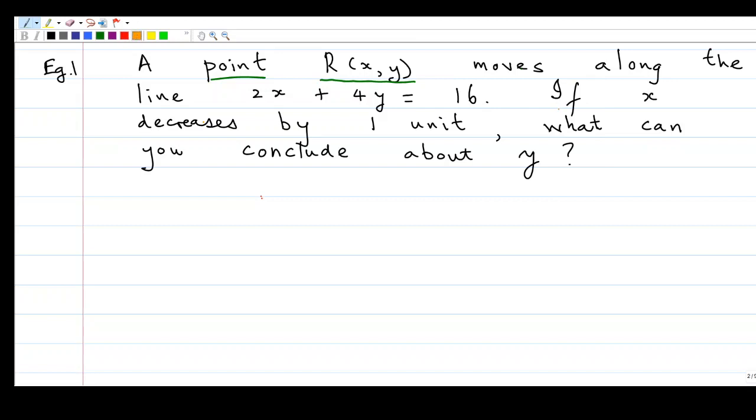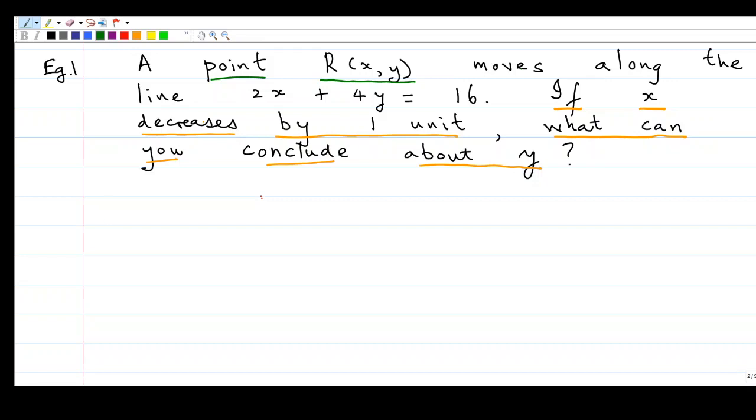If x decreases by 1 unit, what can you conclude about y?